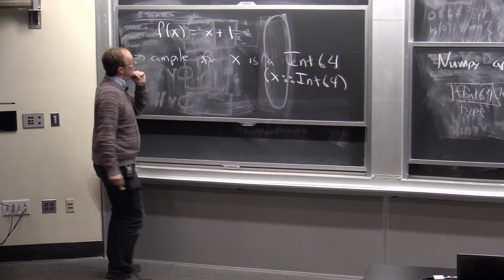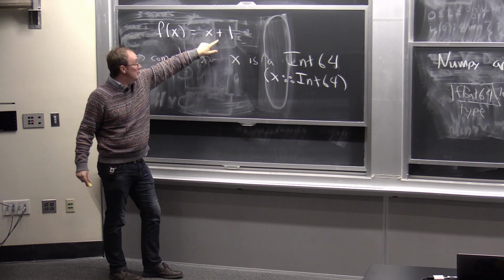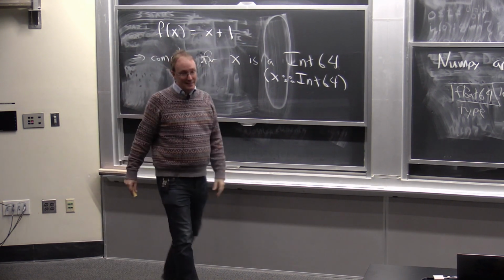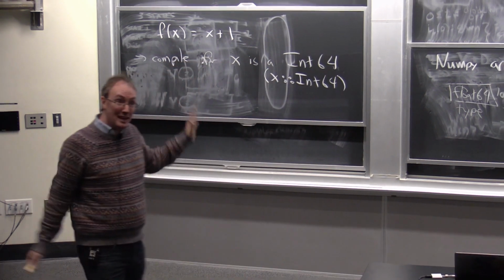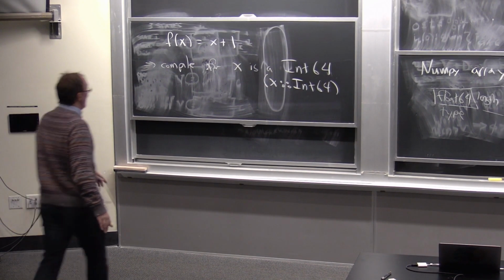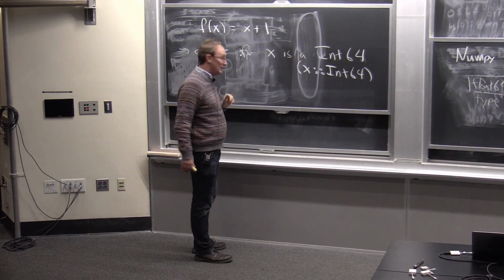So what does it have to do? It first has to figure out which plus function to call. Plus has lots of different methods: a plus for two matrices, a plus for lots of different things. Depending on the types of the arguments, it decides which plus function to call.